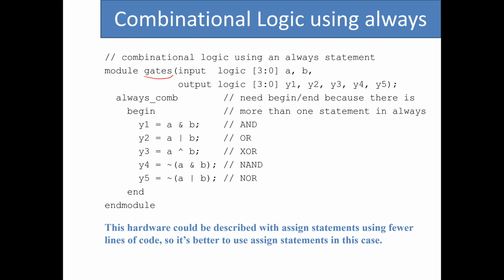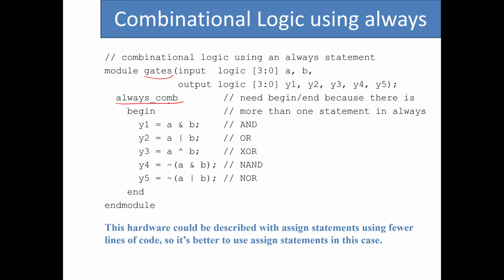to use always_comb. This is a keyword that is used when you want to define a combinational logic circuit using always statements. However, similar to what we had for always_latch, there is no sensitivity list here.